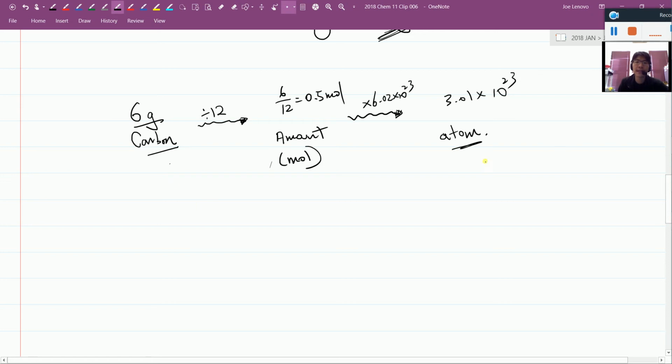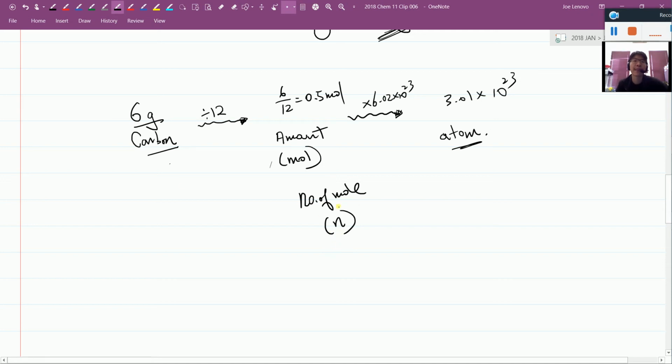Going through this process, we can make that into a formula. The amount of mole, we call it number of mole, with the symbol N. The N here is different from the shell N that we had before, but it uses the same symbol, so try not to get confused.